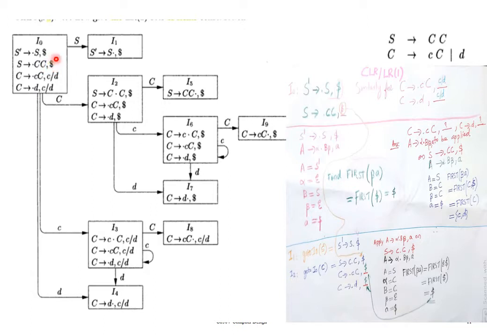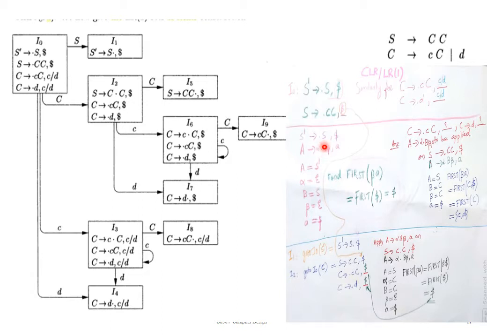One thing you have to remember is that after the dot there should be a non-terminal, so B should point to the non-terminal after the dot. Here A corresponds to S dash, alpha corresponds to epsilon, as there is nothing before the dot. Capital B corresponds to capital S, beta corresponds to epsilon, and small a corresponds to dollar, the look ahead symbol. So we have to identify first of beta a.